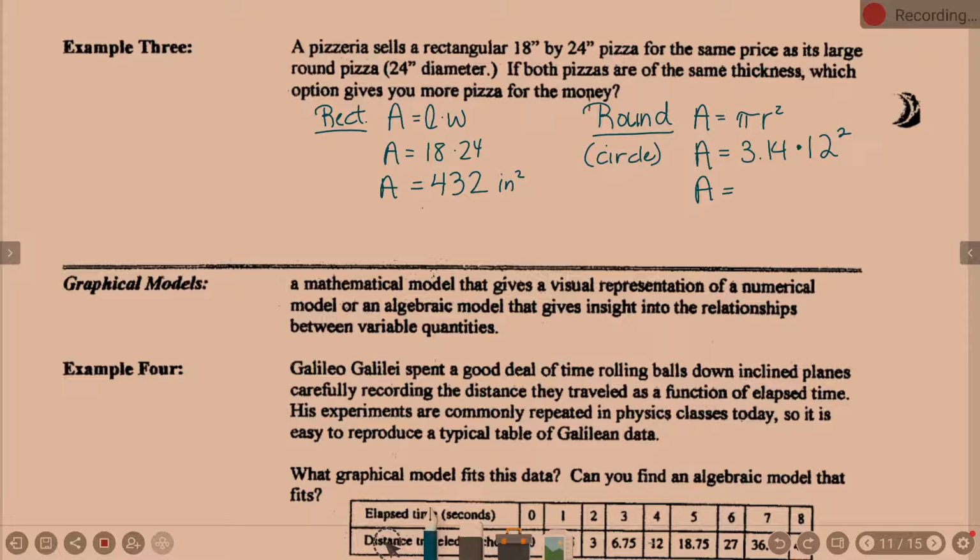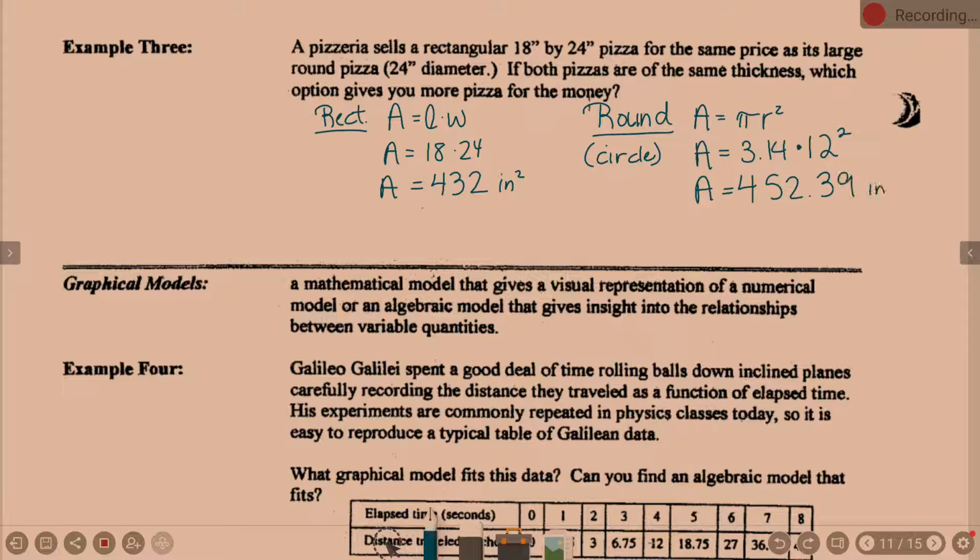First of all, if you're still in list and you're trying to get out, you can always do a second quit, which is what I tend to do. Did you guys all find your pi button for when you need it? Yes, it is second of the exponent button. Or you can type 3.14 for this, and then just type times 12 squared. I used the pi button and got 452.39.